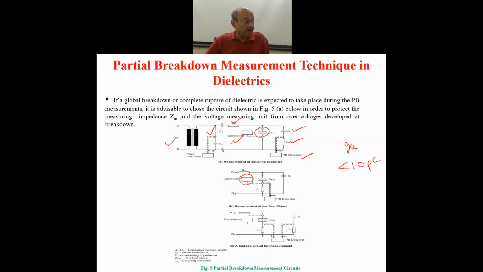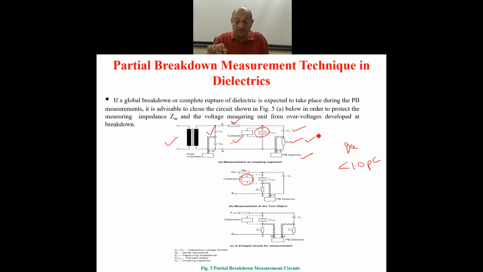I'll have to go to the next slide. In circuit A you are measuring from the low voltage electrode of the coupling capacitor, as you can see here.